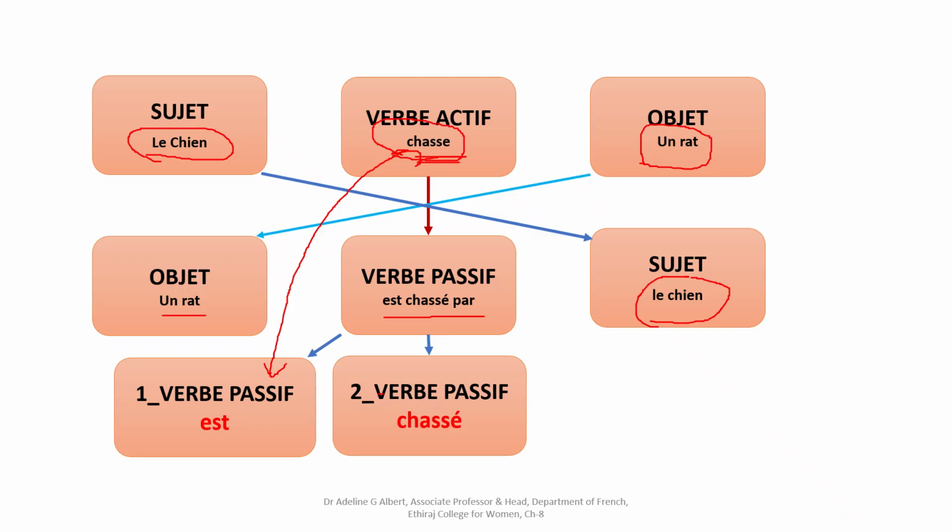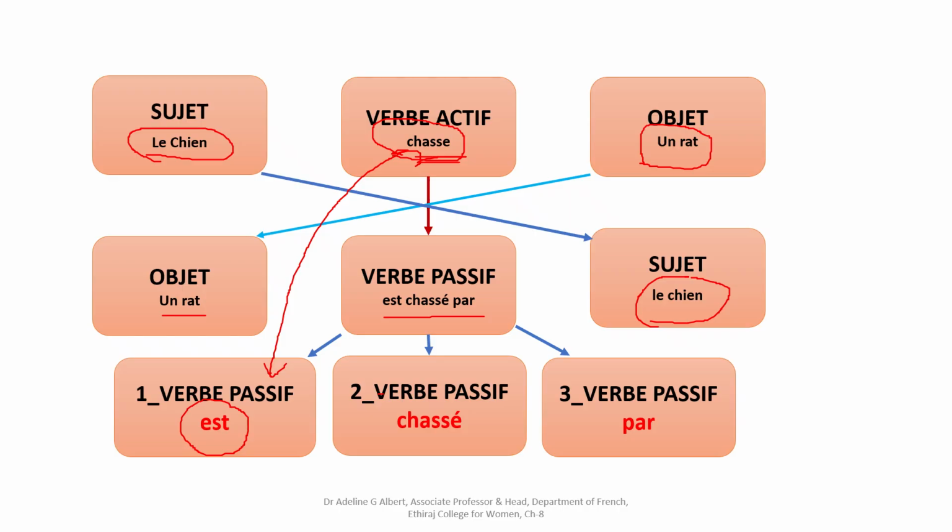The first part is the verb être. You take the tense from the tense of the main active verb. The second part is the past participle of the main verb. And the third part is the word par. All three together form your passive verb. The active verb is one, chasse. The passive verb is three, est chassé par. D'accord?